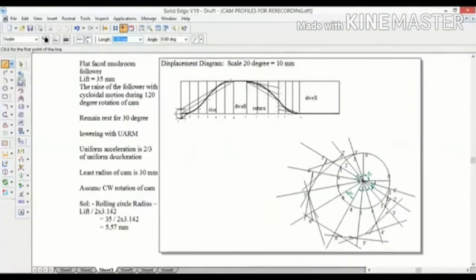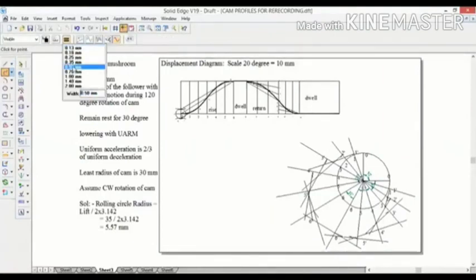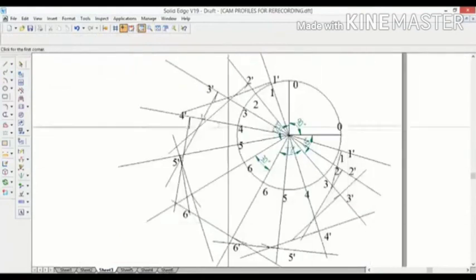Now we need to go for a thick curve, and we need to join a curve in such a way that it touches the tangents' interior part.